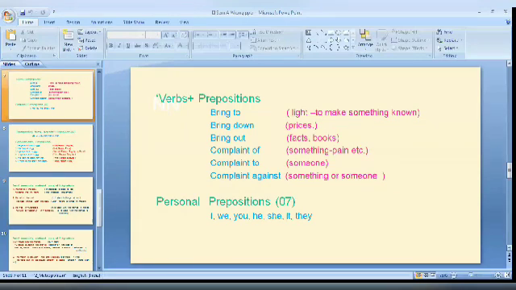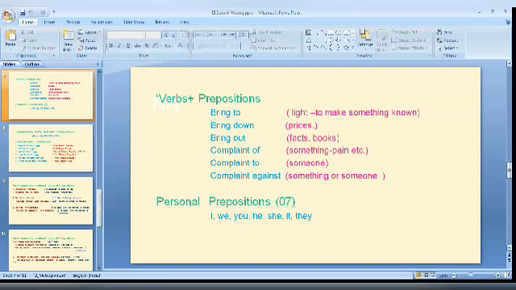And some more examples. Bring to. The preposition to comes along with bring, meaning bringing some light, or bringing something to make something known. If something is unknown and we want to make it known, then we can use this combination, bring to.